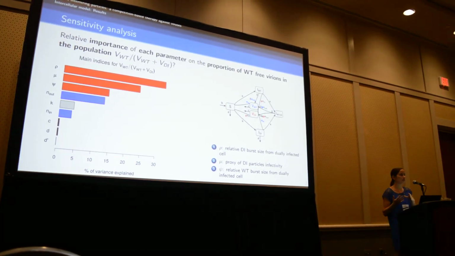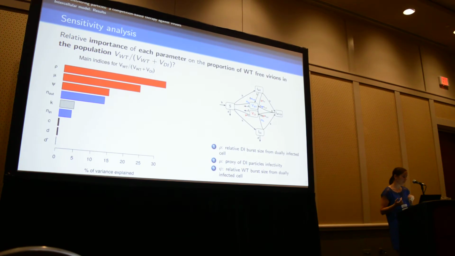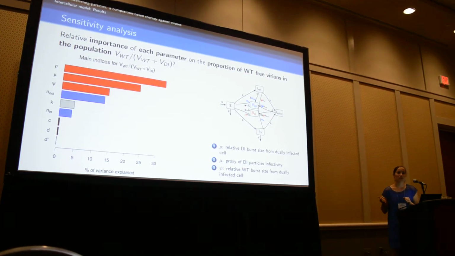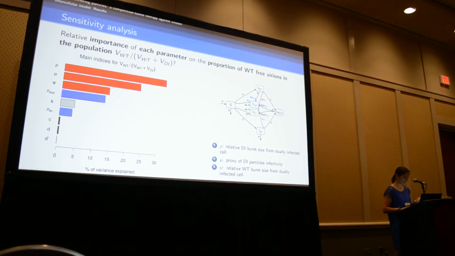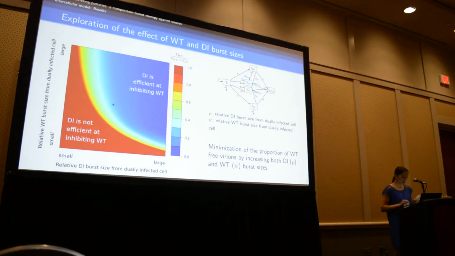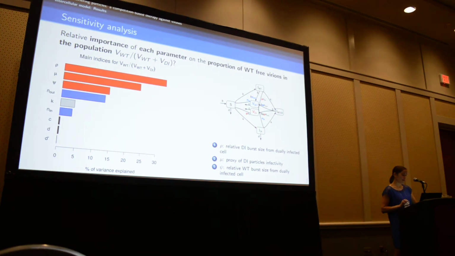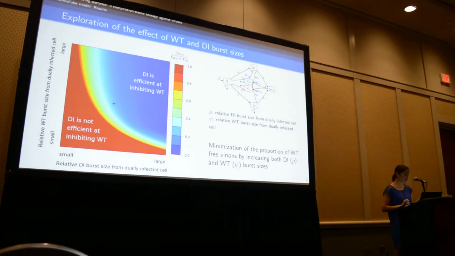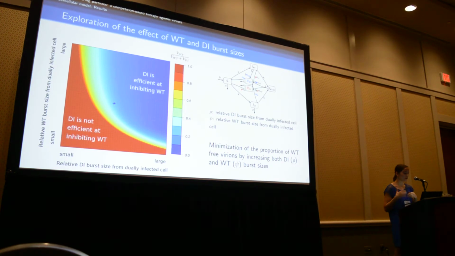So they are representative of the competitivity of the DI, and then mu, which is representative of the infectivity of the DI particles. I'm not going to detail the next parameters for a matter of time, and they are also less important. So now let us focus on two of the most important parameters.